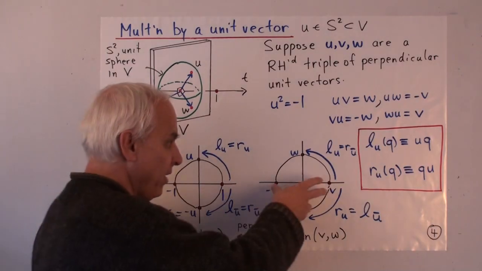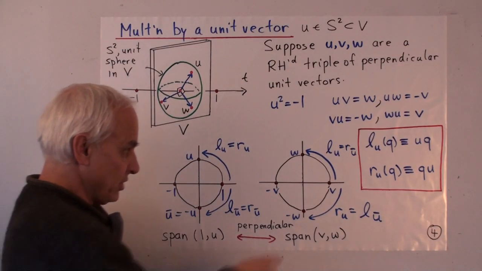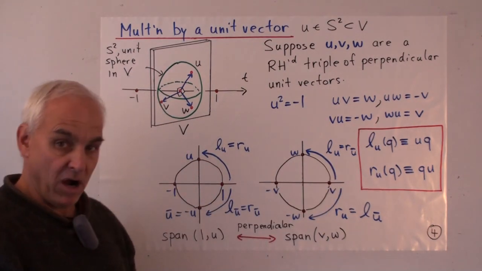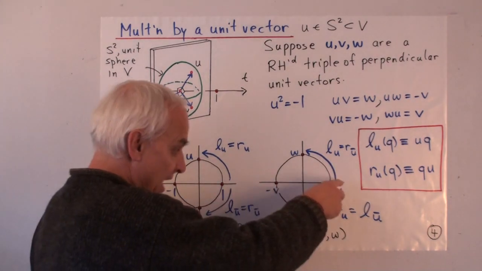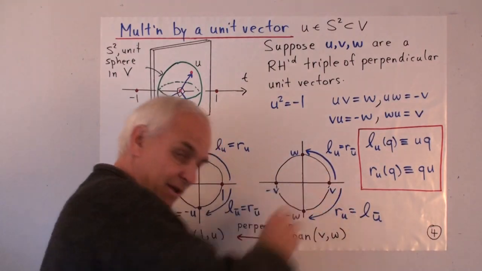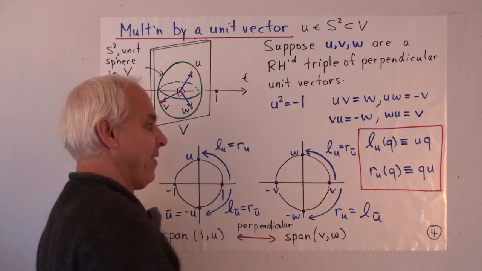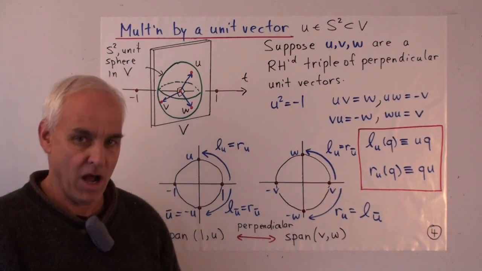And over here, the results are also opposite to what they were before. So in this case, if we're multiplying by u bar, the left multiplication by u bar is a quarter turn negatively, while the right multiplication by u bar is a quarter turn positively.